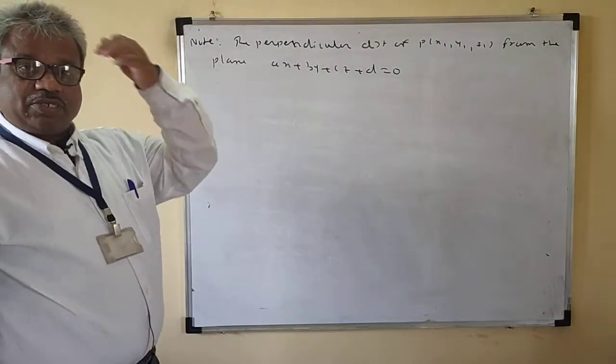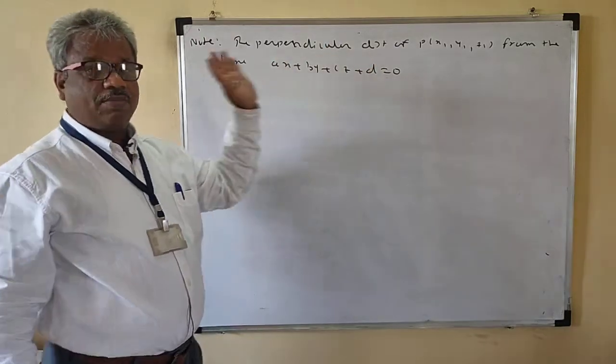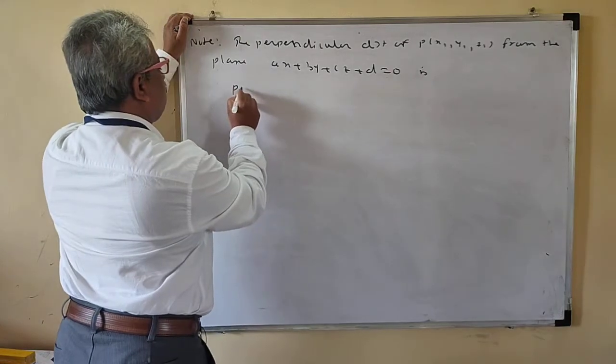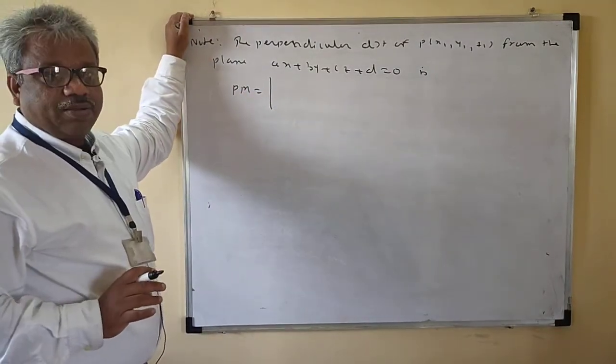You have to write the equation of the plane in the equal to 0 form if you want to find the perpendicular distance of a point from the plane. So this is PM, the mod of, because distance is always positive, therefore I have taken the mod.